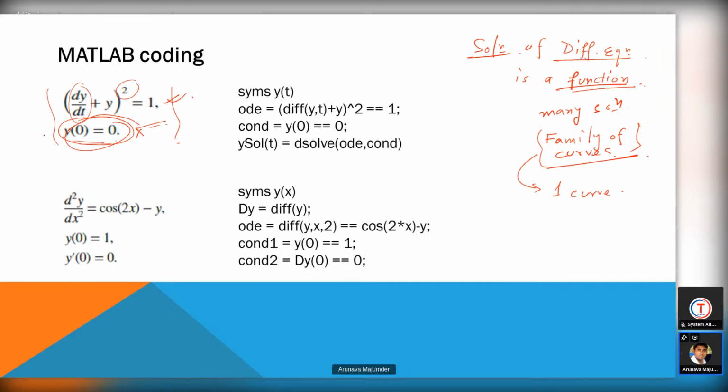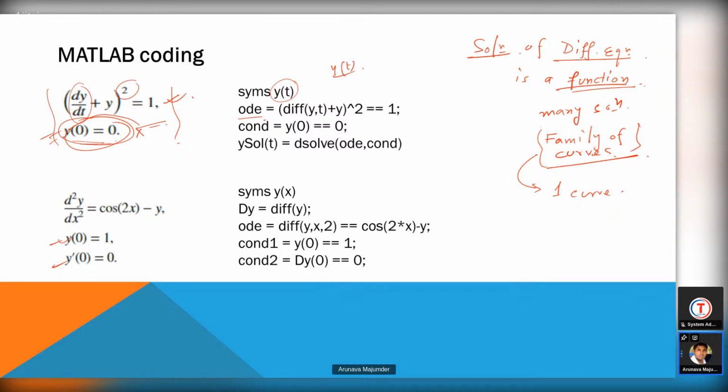So here you can see both differential equations have initial conditions. Here two conditions are there, and here one condition is there. There is a very simple way to solve any ODE in MATLAB, using syms. Syms means it is symbolic. So y(t) means we are defining this symbol y(t), that is, y is a function of a single variable t.